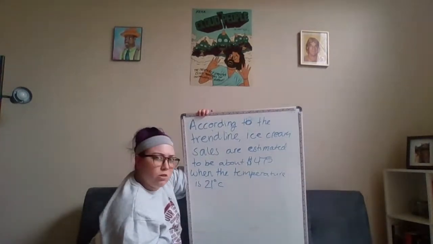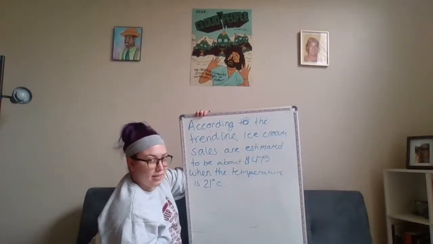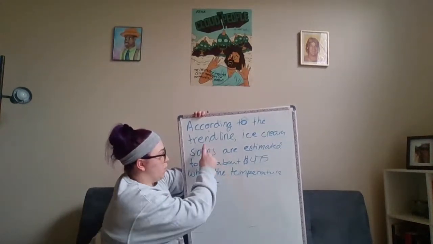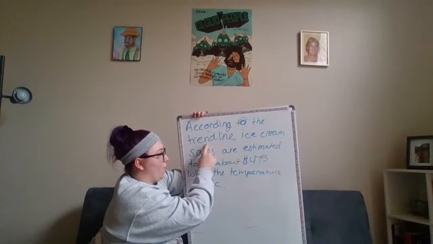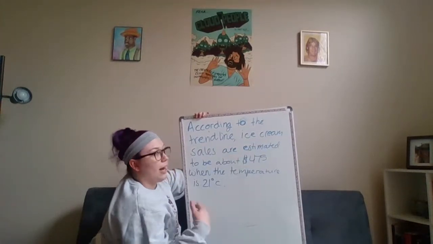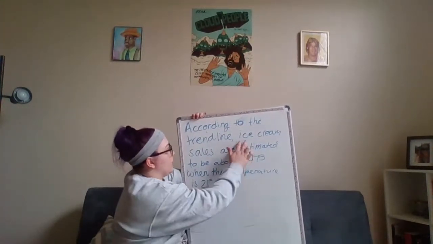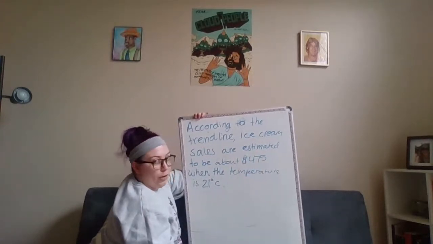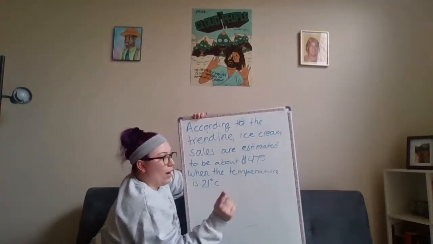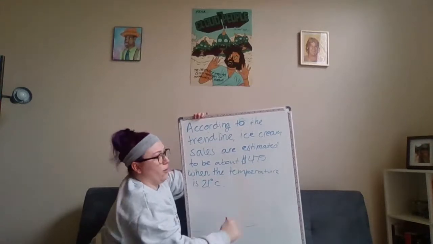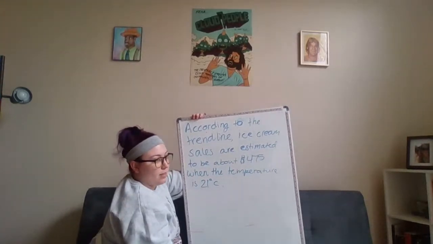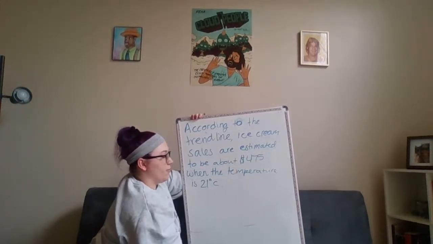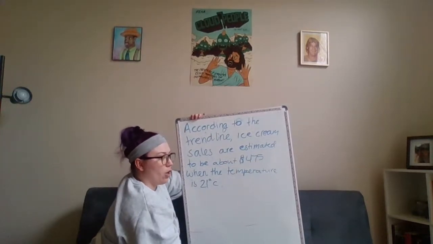But yeah, notice it's just one sentence. It's a big sentence, but it's got everything I need in it. It says where I got the information from. I got it from my trend line. I have to be specific. I have to say it's ice cream sales that I estimated to be about $475. Then I have to say my other variable. Because, sure, ice cream sales may be at $475, but I want to know why.